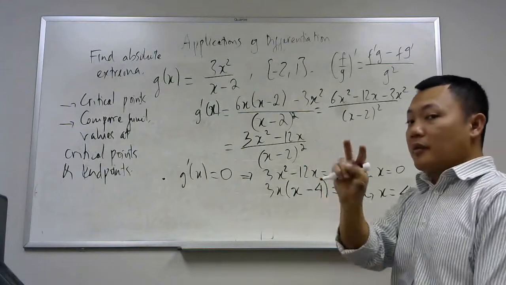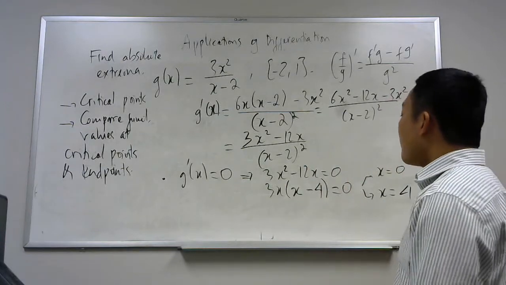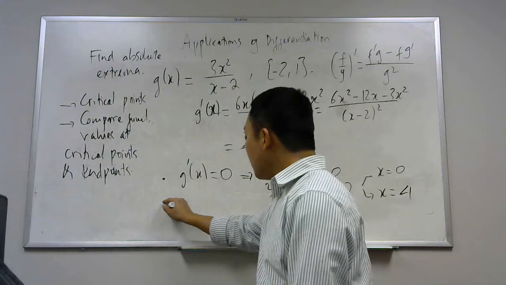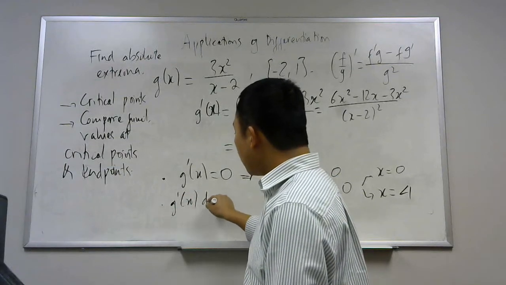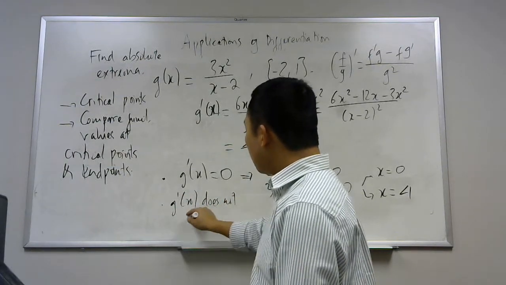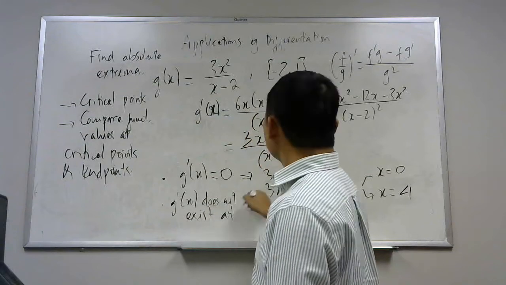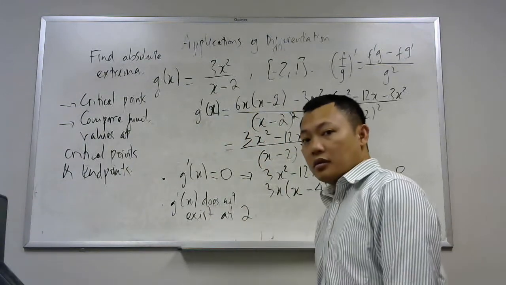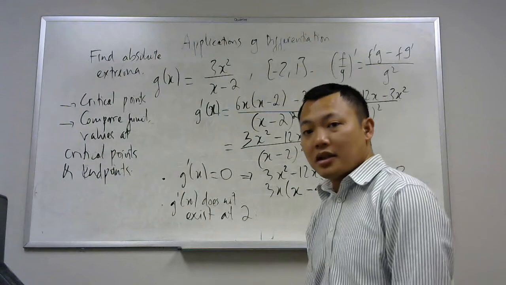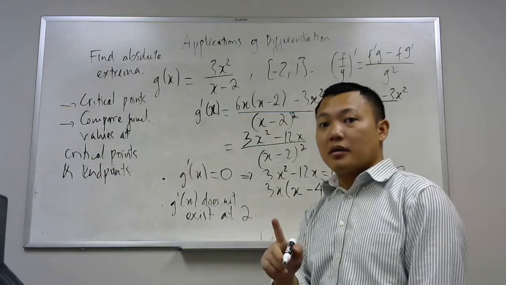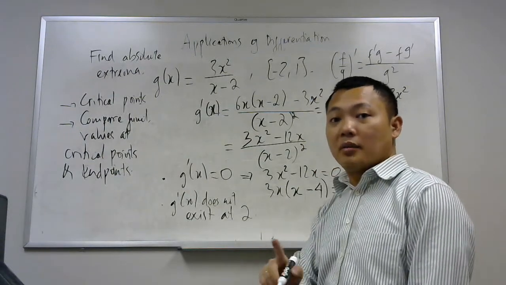So for this case, we have two critical points. How about the second case, where g prime does not exist? G prime does not exist at 2, but 2 is not in the domain, so we don't have to care about that.